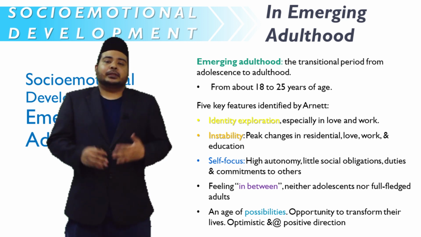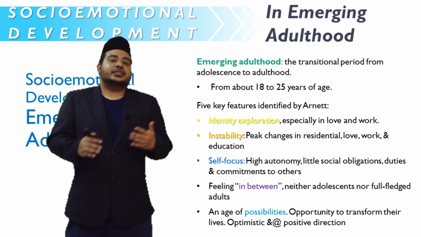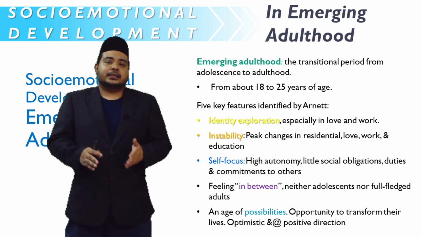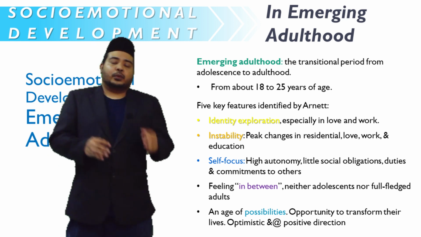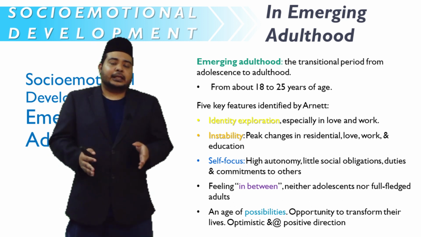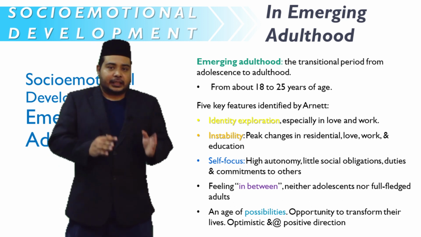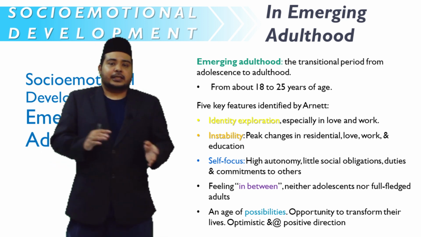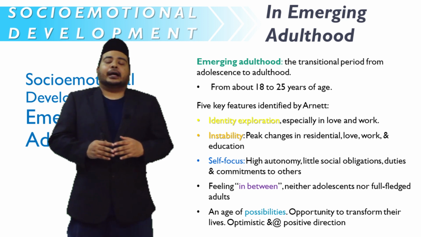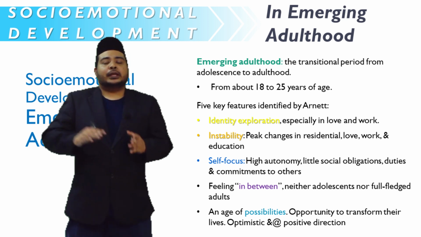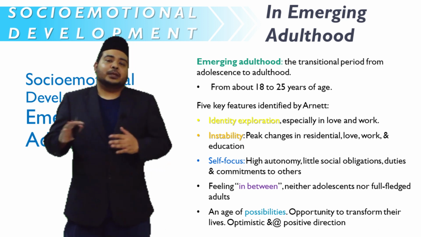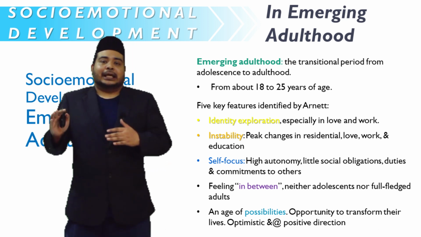Emerging adulthood is the transitional period from adolescence to adulthood, which developmental psychologists explain is between the ages of 18 and 25 years old. Okay, so this is the stage whereby people are growing up, moving away from being adolescents to become mature adults.